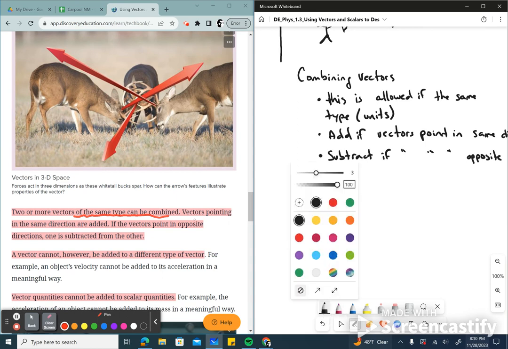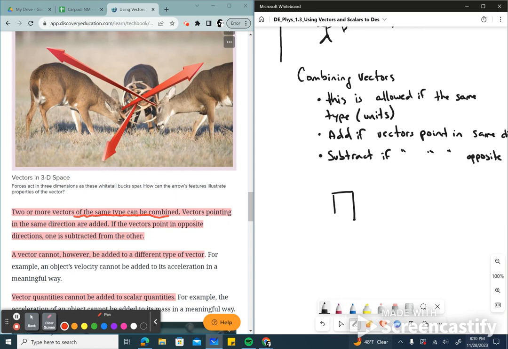You know this already. If I were to say that I had a box and somebody was pulling with 1 Newton and somebody was pushing with 2 Newtons, then I could say that combined, 2 Newtons plus 1 Newton equals 3 Newtons of force. And I could say to the right.